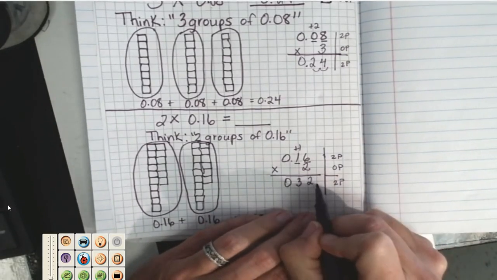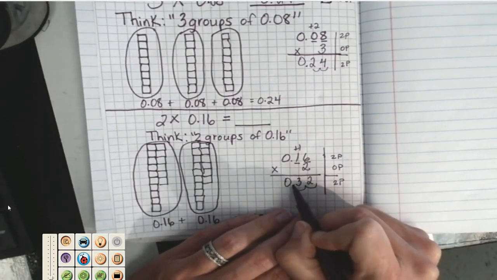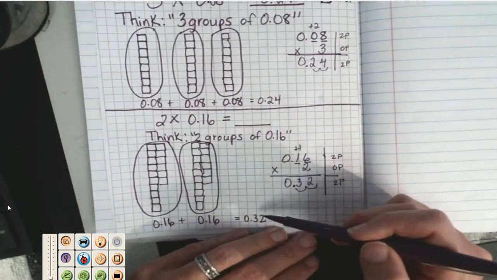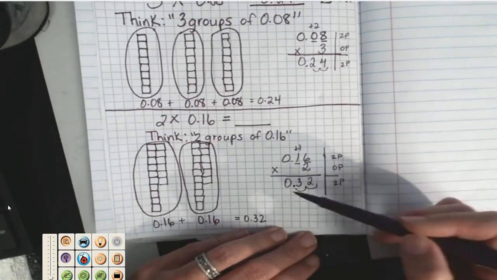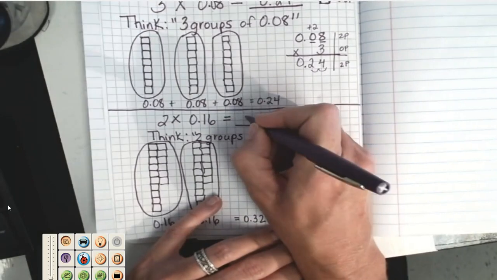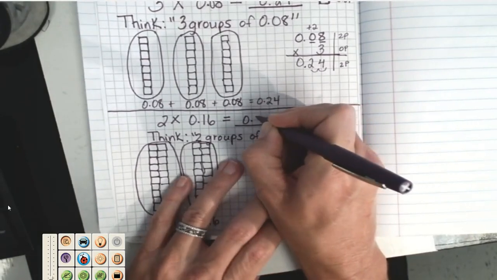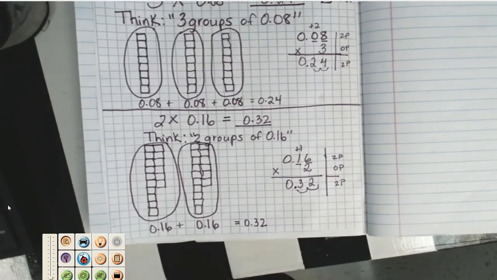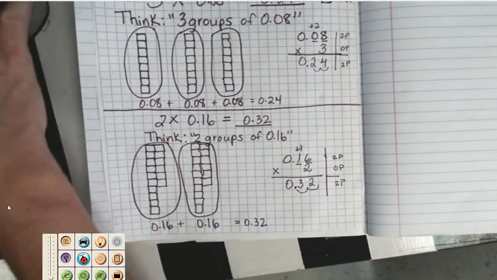So we start at the back and we go 1 and 2, and so we get 32 hundredths. So with the model we got 32 hundredths, and with the algorithm we got 32 hundredths. And so that means that 2 times 16 hundredths is 32 hundredths. Okay, so you're ready to move on to your practice next.